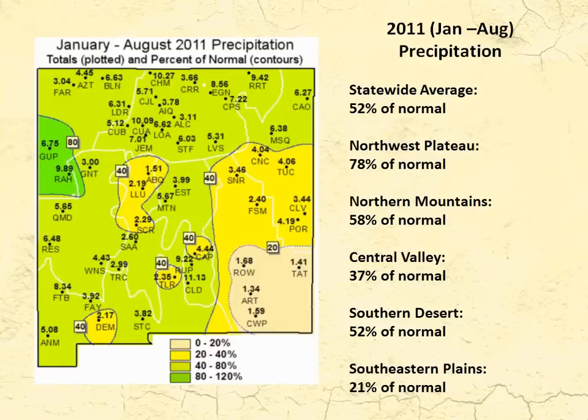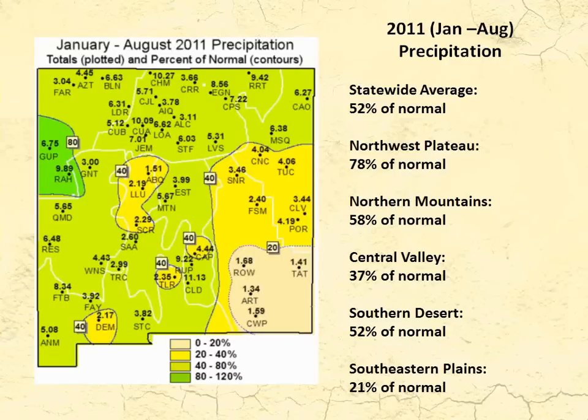If you go to the next slide, please. Okay, there's a map of New Mexico with the 2011 January to August, so the first 8 months, precipitation. What we show is a select number of National Weather Service cooperative stations, and the white lines in the background are the climate divisions, and then the other lines are the contours of average precipitation.